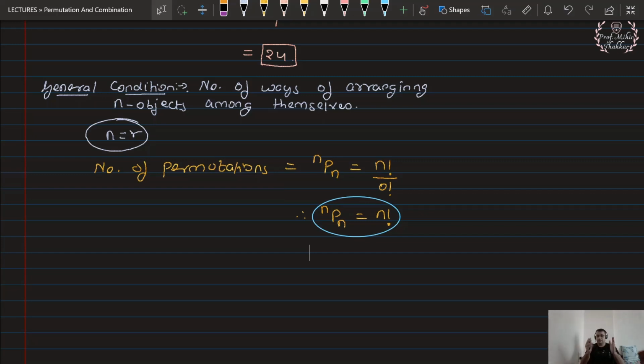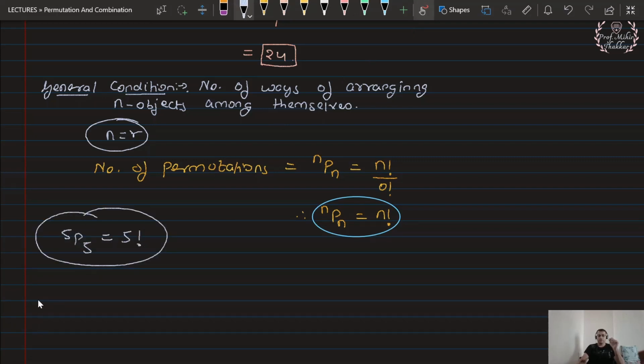So we consider that if there are 5 books, there will be 5 different places for them to be arranged in a bookshelf, and therefore I can say that the number of arrangements of 5 books will be directly equal to 5P5, or I can say 5 factorial. Very easy to remember it like that.